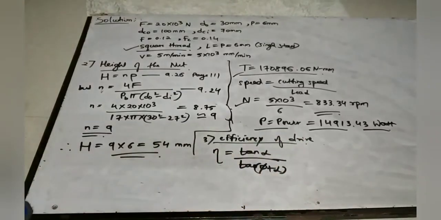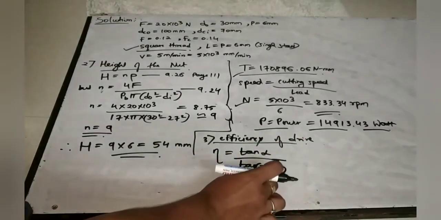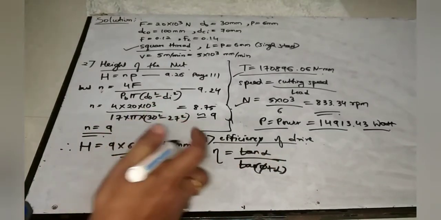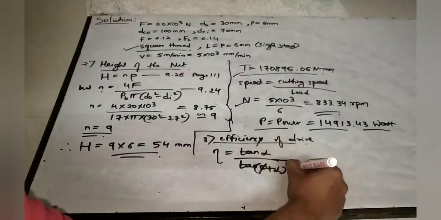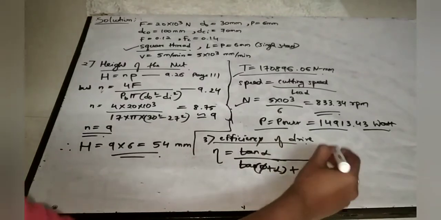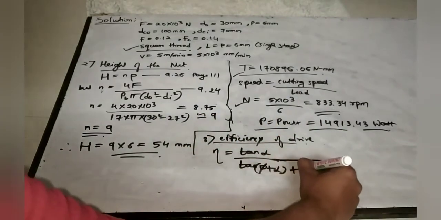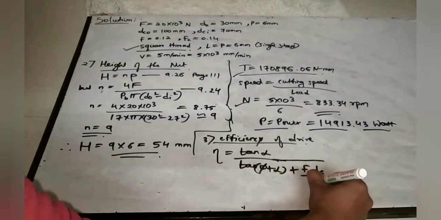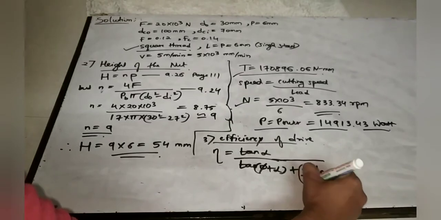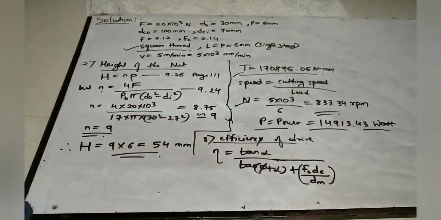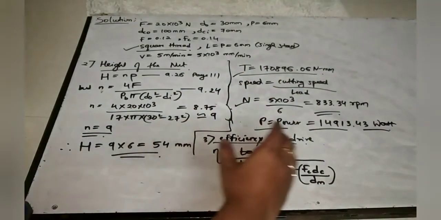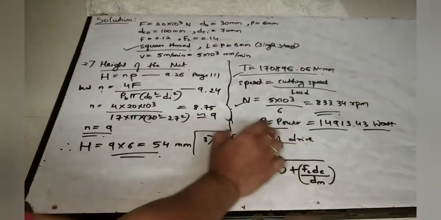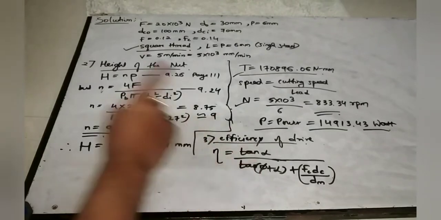But if you remember, this we have derived for efficiency without considering collar friction. Now I told you, when I am going to consider collar friction, this term you have to add, FCDC by dm. This entire term is related to collar friction. Without collar friction, if you are finding efficiency, don't include this. Only this you have in the data handbook, tan alpha upon tan phi plus alpha.